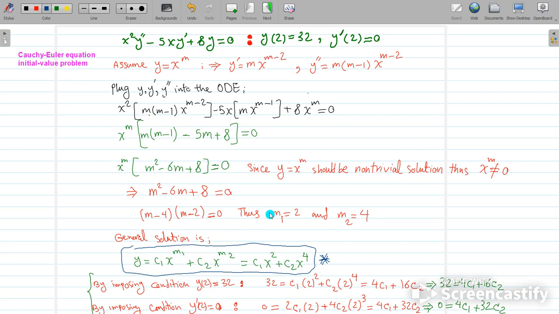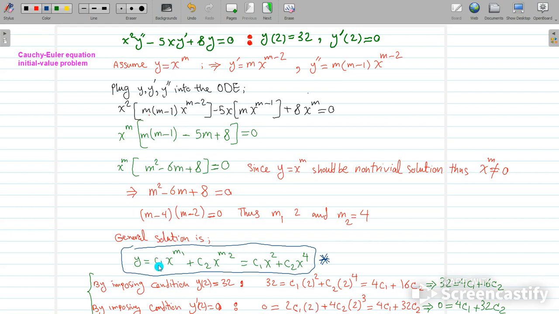In any method you will get two different solutions for m, which we call m1 as 2 and m2 as 4. So we get two different solutions for y equal x to the m, right?